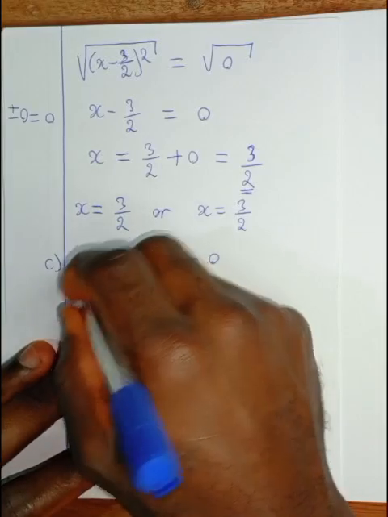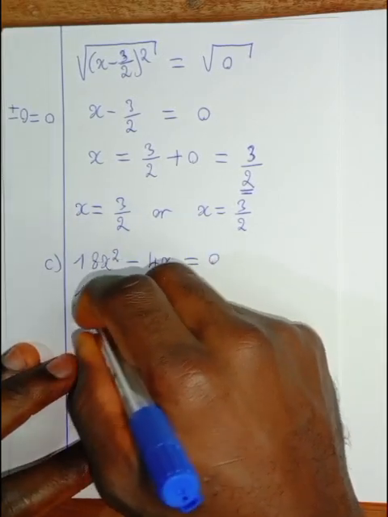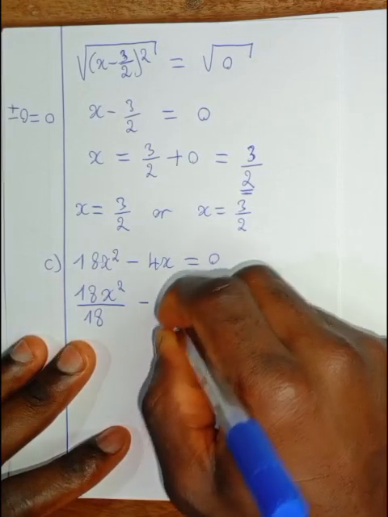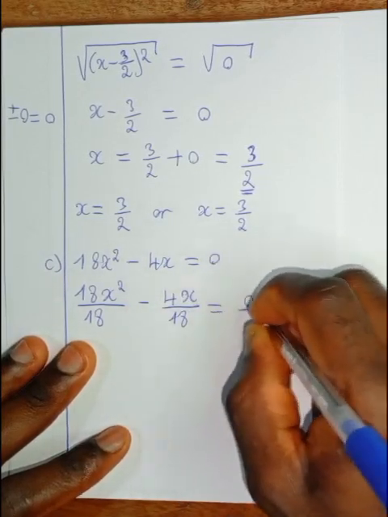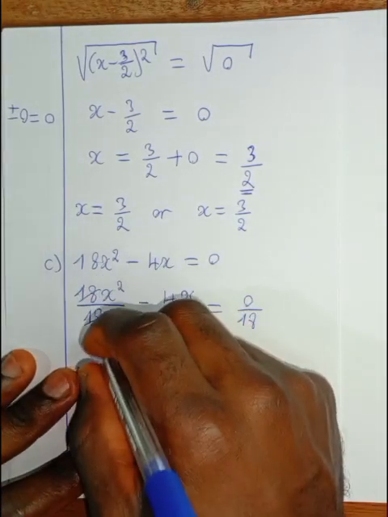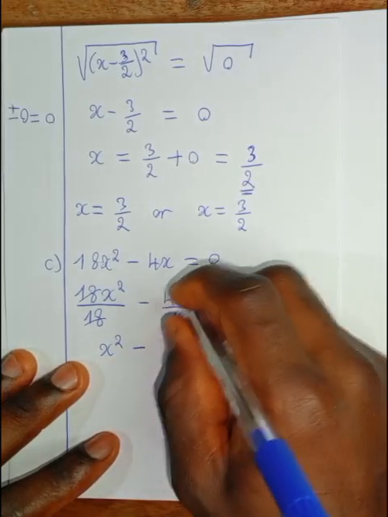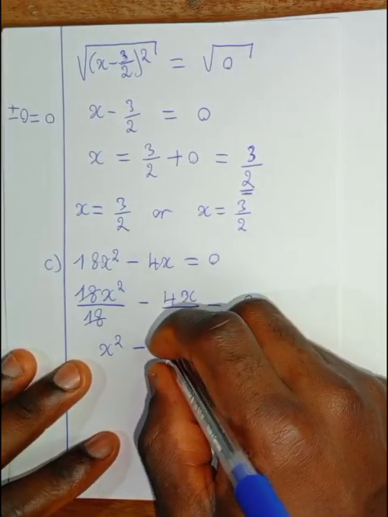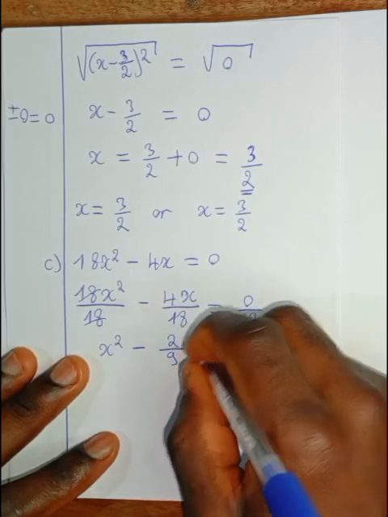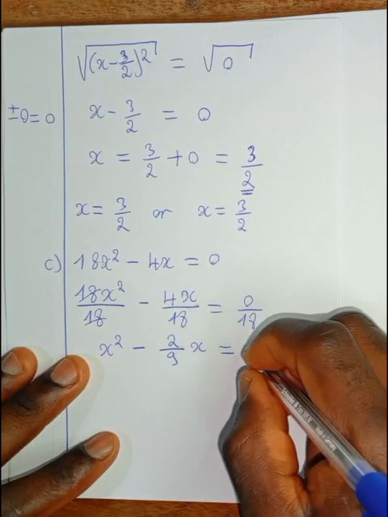So what we are going to do is we are going to divide both sides by 18, so that we make the coefficient of x squared to be 1, minus 4x divided by 18 is equal to 0 divided by 18. 18 will strike off 18. We'll be left with x squared minus, we know 2 will go into 4, 2 times, 2 will go into 18, 9 times. This will give us 2 over 9 x is equal to 0.